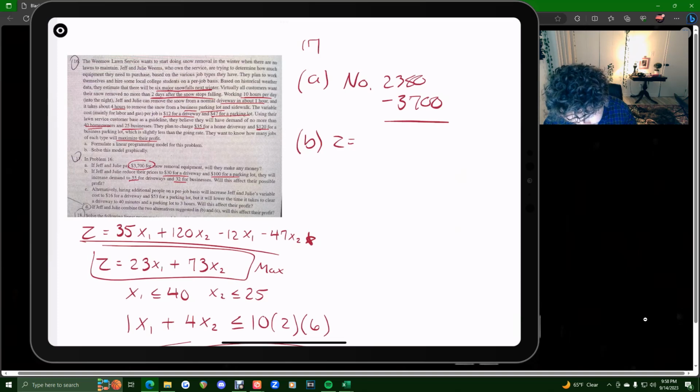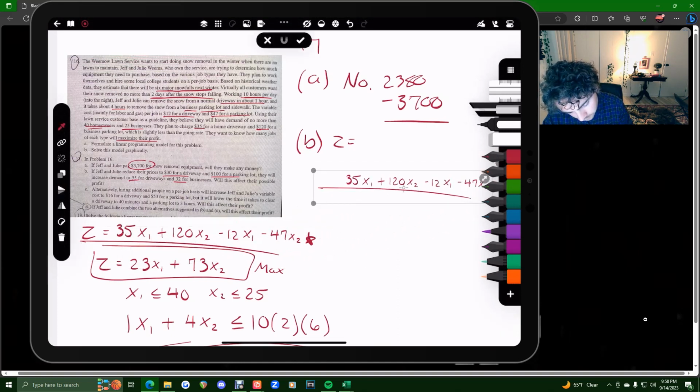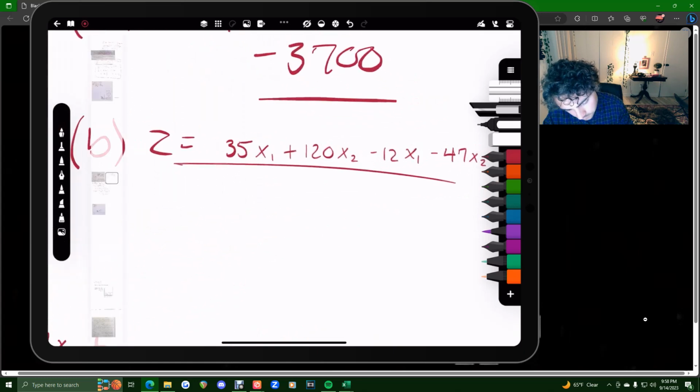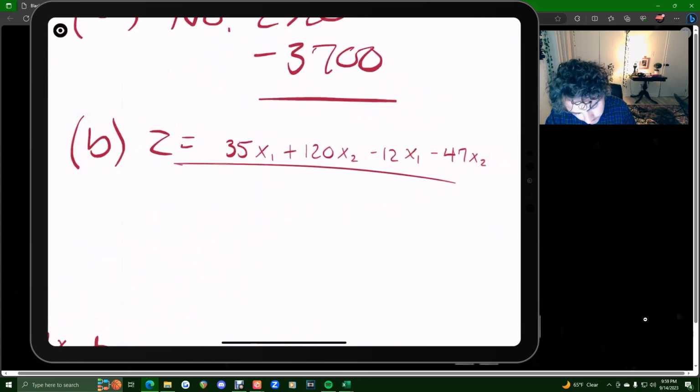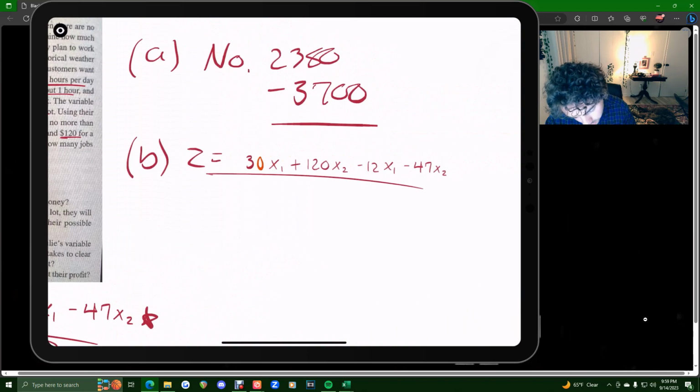So their prices are going from 35 to 30, and then from 120 to 100.